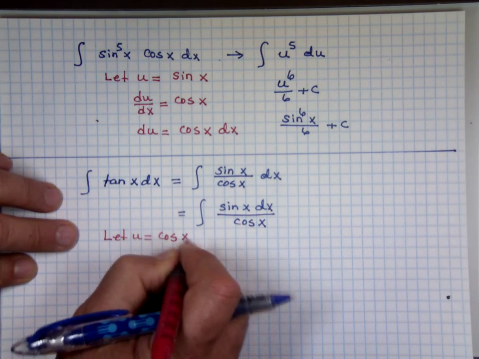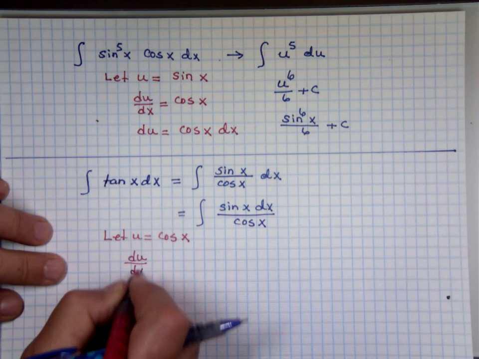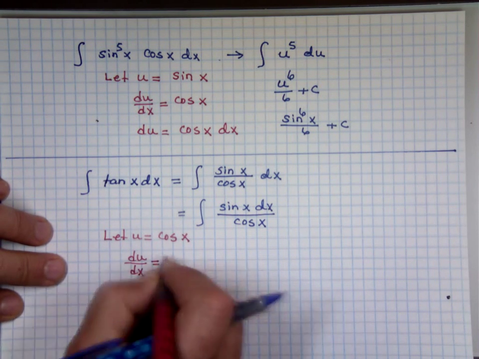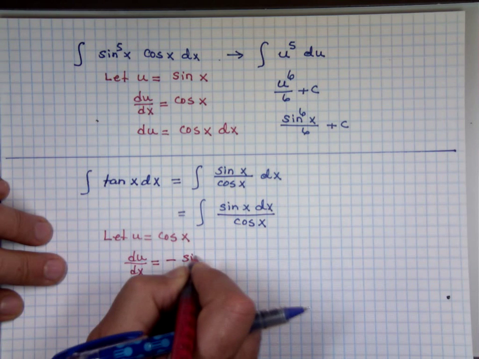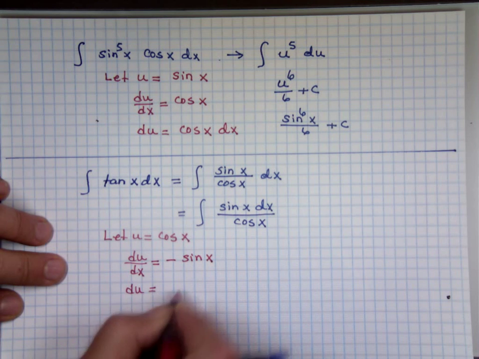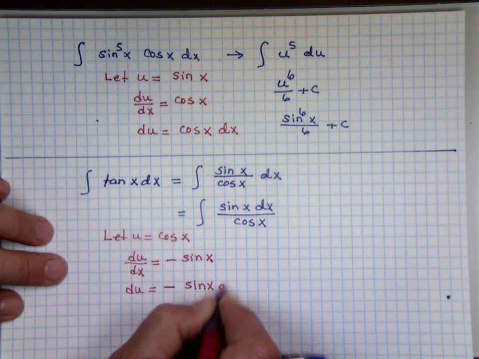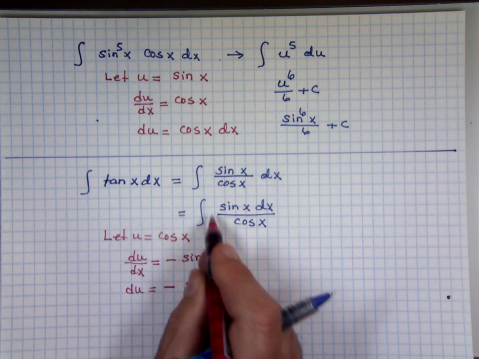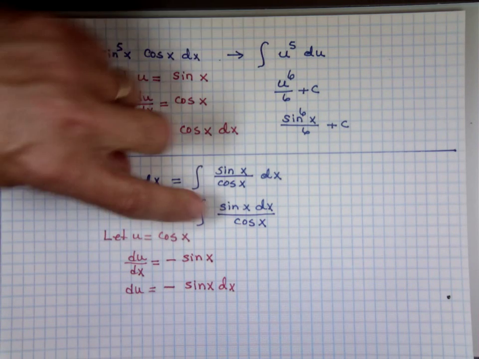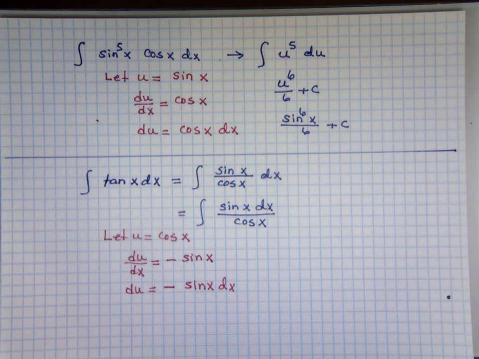what's the derivative of cosine? Negative sine of x. So du equals what? Negative sine of x dx. Well, when you look at that, there's no negative in the problem. You only have sine of x dx, but you don't have a negative. So you can multiply both sides by what? Negative 1.